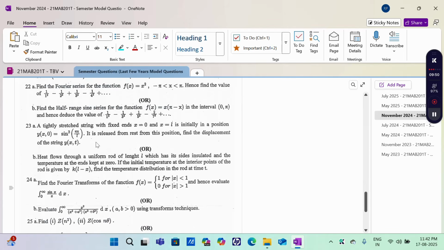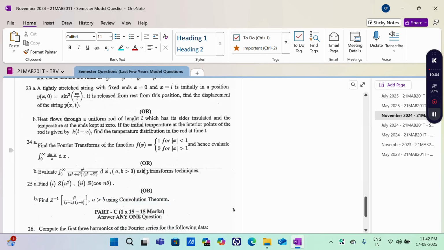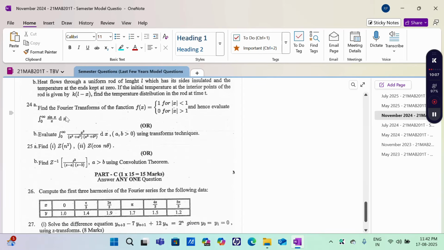And 23a, it's a string, so this is a one dimensional wave equation. And then our choice 23b: see here temperature is mentioned, therefore it's a one dimensional heat equation. And 24a Fourier transform.